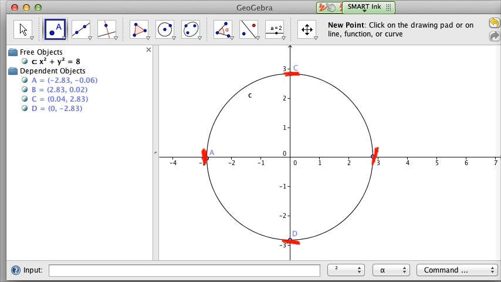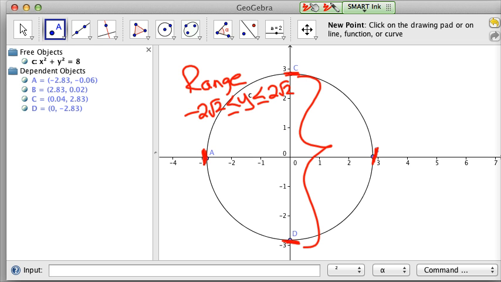So for the range, you've got the numbers from -2 root 2 less than or equal to y less than or equal to 2 root 2. So that's this set here. The circle, that rule, doesn't allow you to use any other numbers but the numbers between those values. Okay?